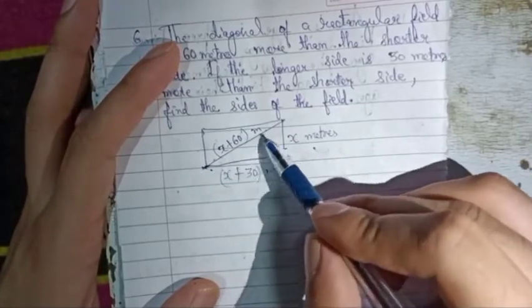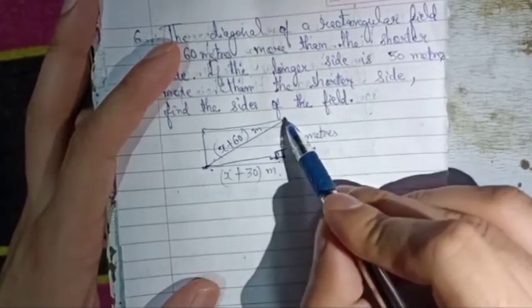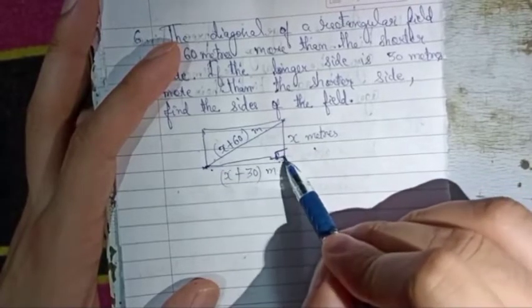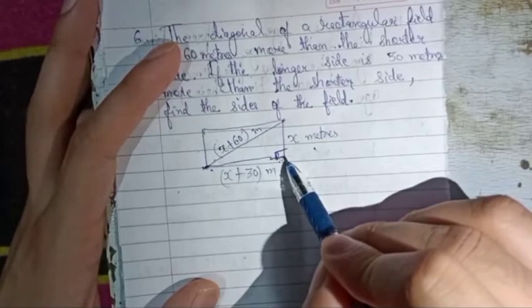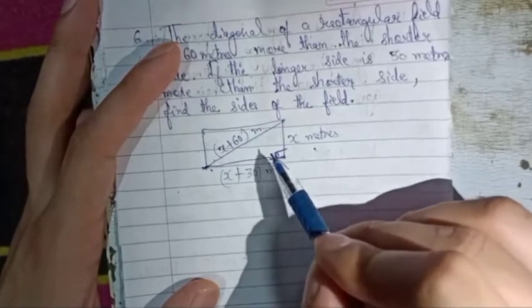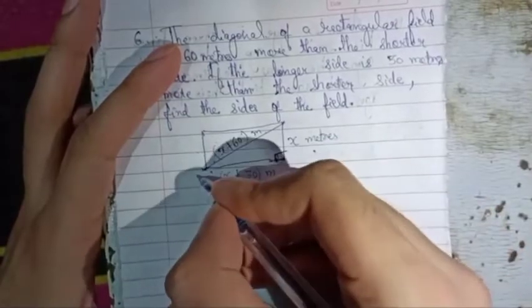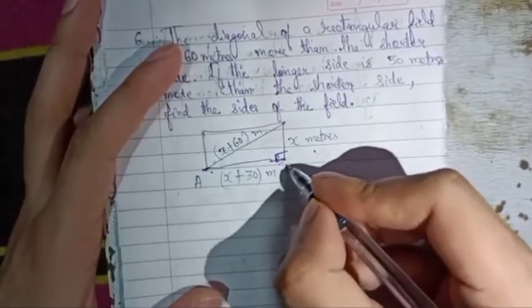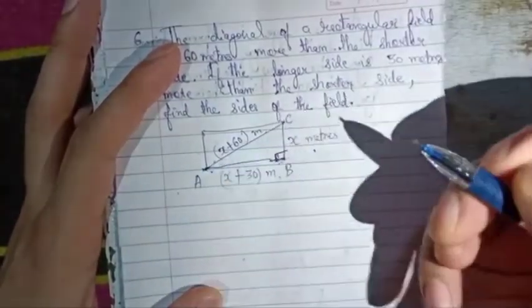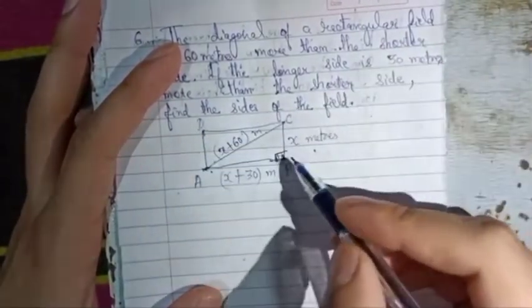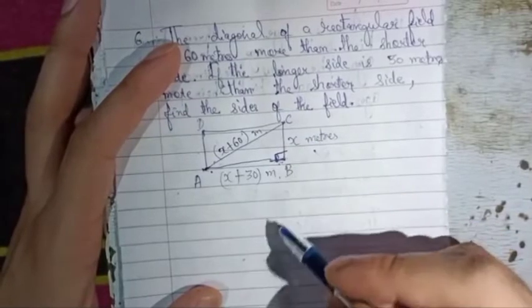So x plus 60 meters is the hypotenuse, x will be the perpendicular, and x plus 30 will be the base. So we can easily apply the Pythagoras theorem in this triangle. Let this triangle be ABC, and this point we will mark as D. So in triangle ABC we will apply the Pythagoras theorem.